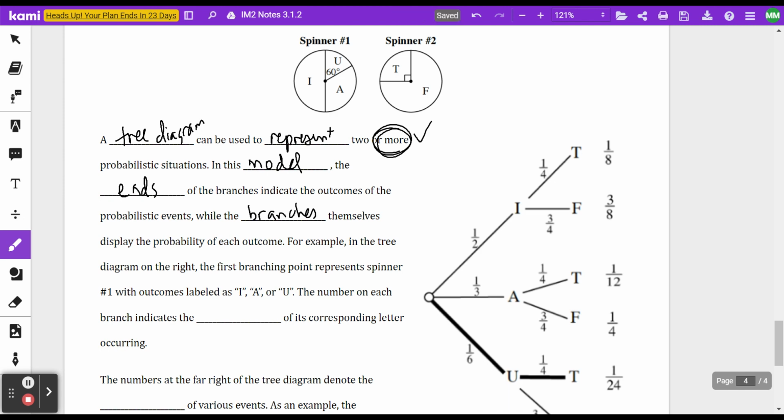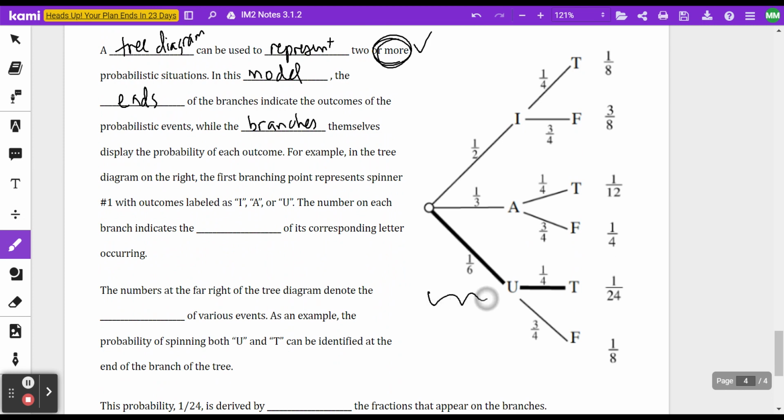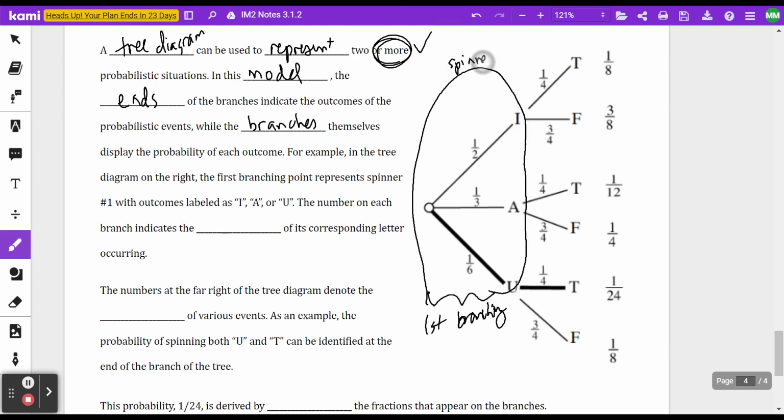And then, for example, in the tree diagram at right, the first branching point represents spinner number 1 with outcomes labeled as, hold on, let me just make this clear. First branch is this whole area right here. And that's spinner 1. With outcomes labeled as I, A, or U. And the number in each branch indicates the probability of its corresponding letter occurring.